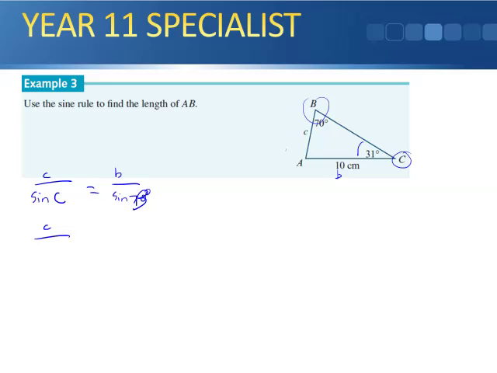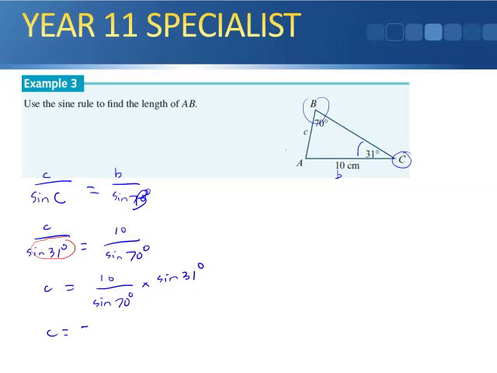Now I'll fill it in, so I've got C divided by sine 31 degrees equals 10 divided by sine 70 degrees. And because we're finding C, we've got to get rid of this, which means it becomes times on the other side. So I've got 10 divided by sine 70 degrees times sine 31 degrees.